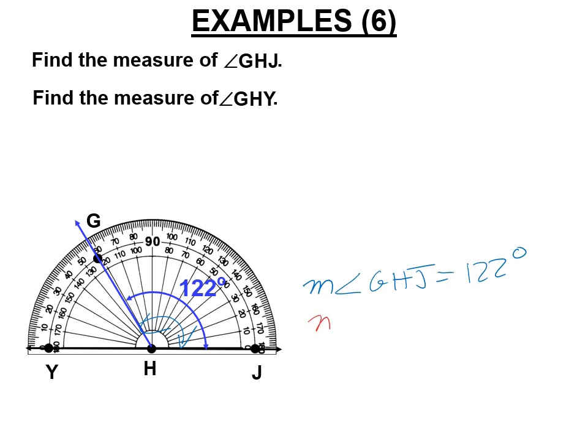The other side, GHY, right? It better add up to 180. So what would that be? I was almost going to write 68, but there's a carry, 58 degrees. Let's see if that's what it shows, right? It's past 50, and it's almost short of 60. Yeah, it's at 58 degrees.